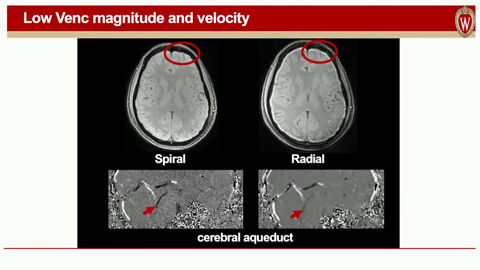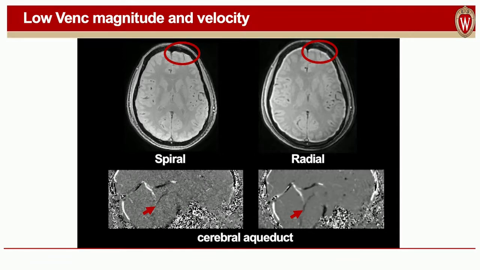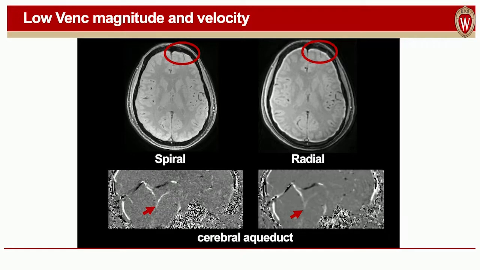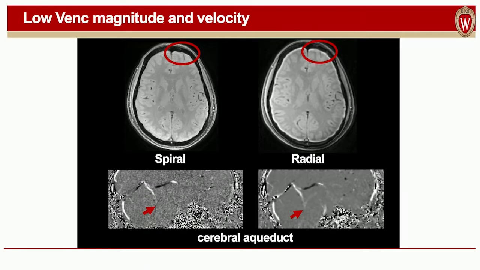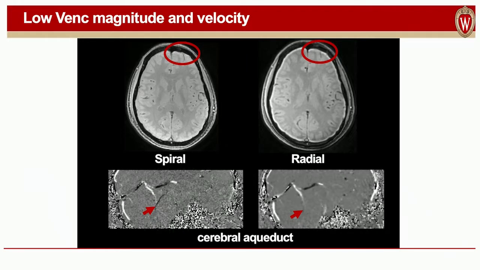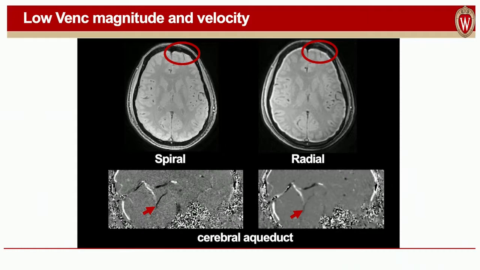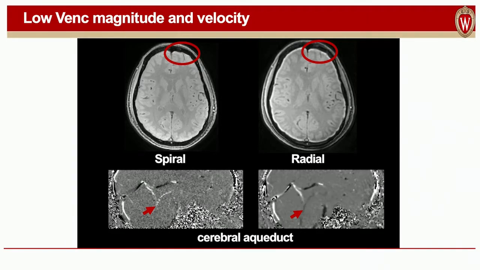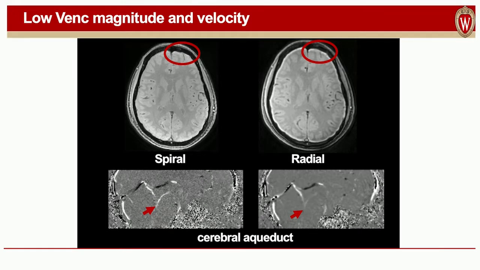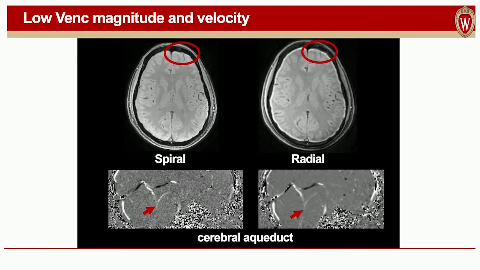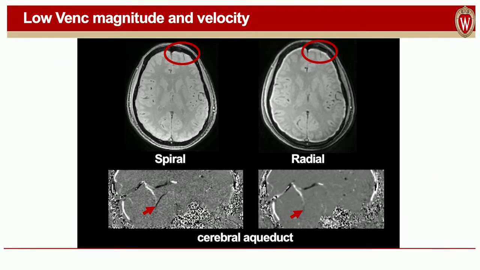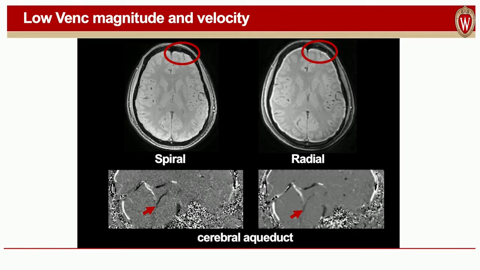But if we look at the velocity images, we see a much higher definition of, for example, the cerebral aqueduct on the spiral images when compared to the radial images. So during the iterative reconstruction, we made a trade-off of giving up SNR for higher vessel depiction, or in this case, the cerebral aqueduct, where the radial images are more blurred because of the trade-off between having motion robustness and undersampling the higher frequencies in k-space.